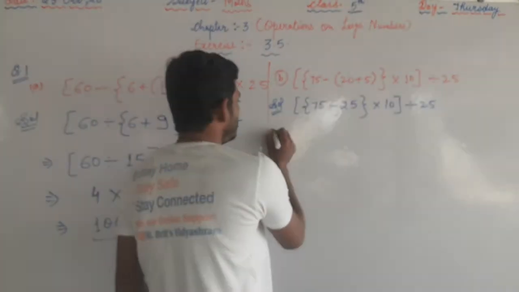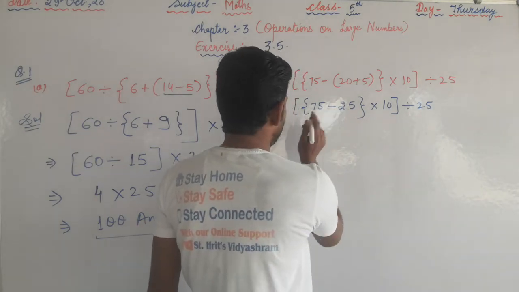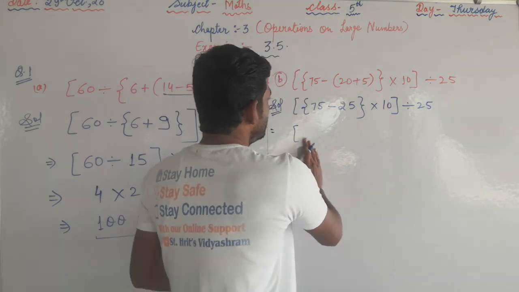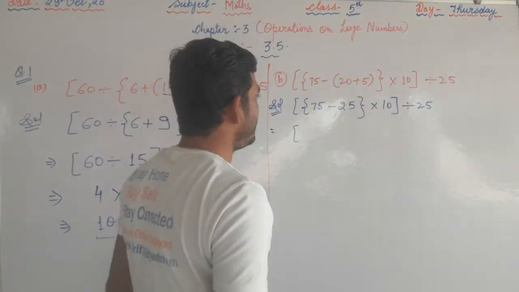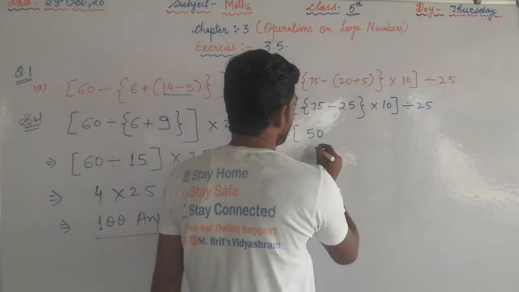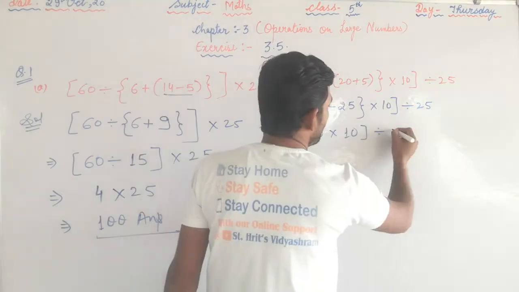Now you solve the next bracket. Here 75 minus 25, you have to subtract, the result is 50. Multiplied by 10 divided by 25.